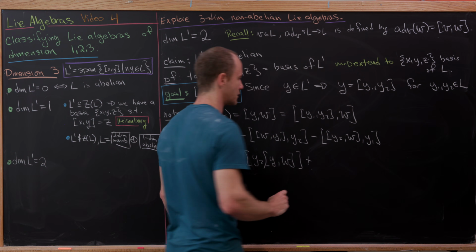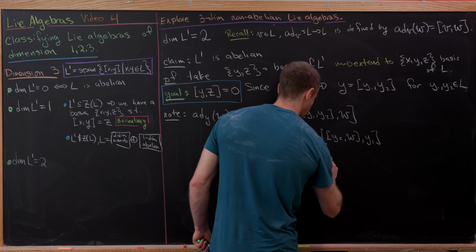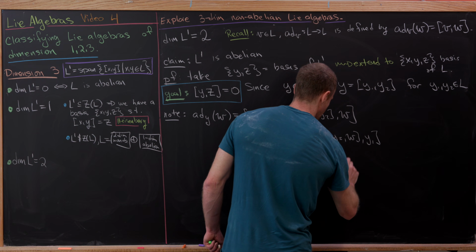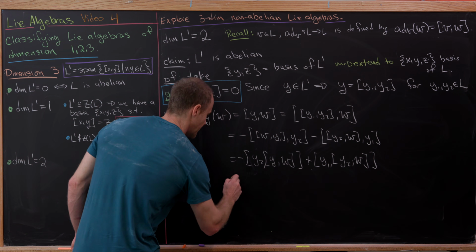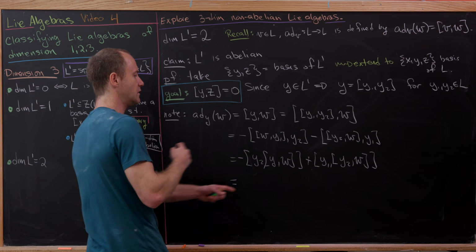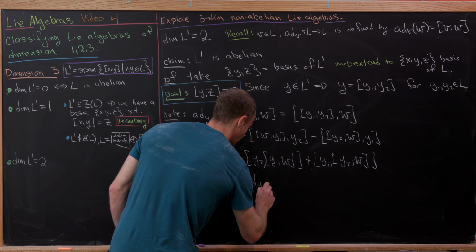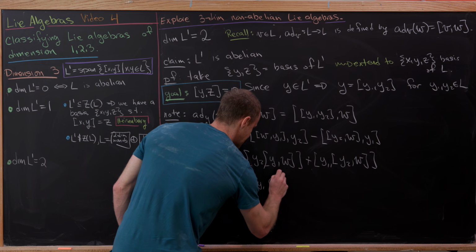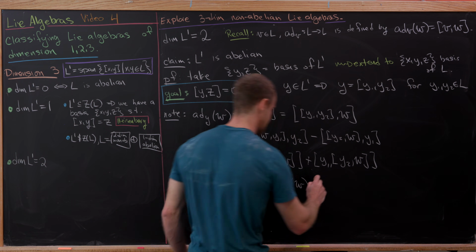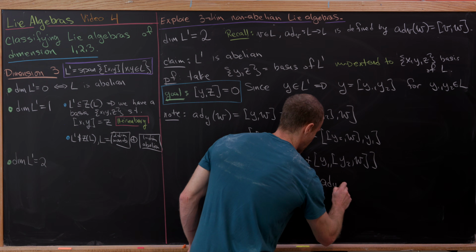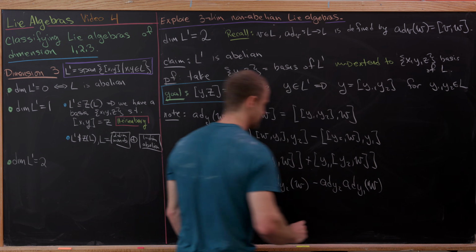And then this next one, the minus sign is going to change into a plus, and we've got the bracket of Y1 with the bracket of Y2 and W. But now let's note that we could move those things around and rewrite this as the adjoint action of Y1 applied to the adjoint action of Y2 applied to W minus the adjoint action of Y2 and then the adjoint action of Y1 applied to W.